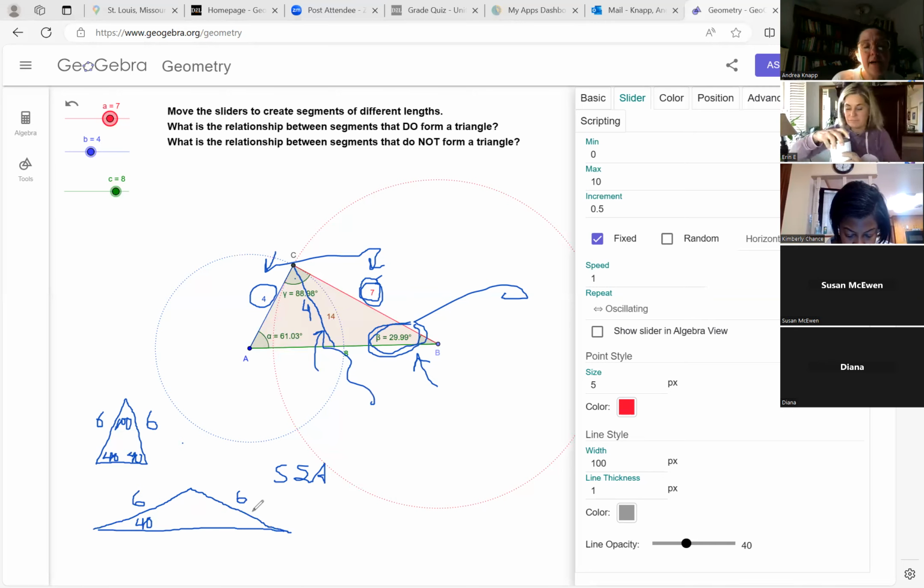But since it's isosceles, we know that this angle has to also be 40 and this angle has to be 100. So there won't be a case that it flaps to another angle measure. It's all fixed.